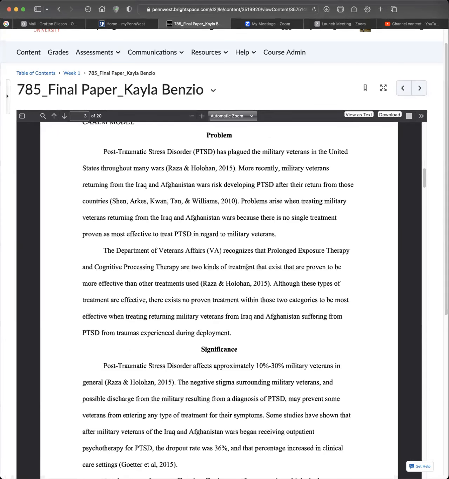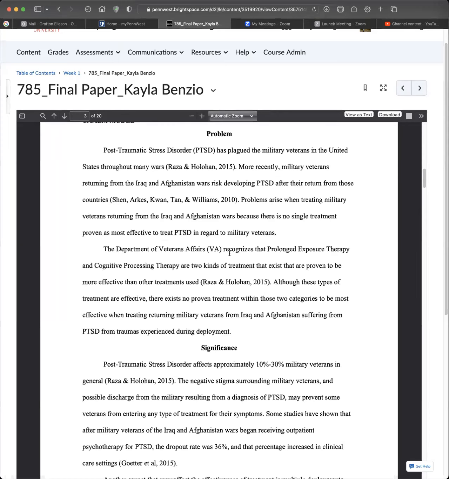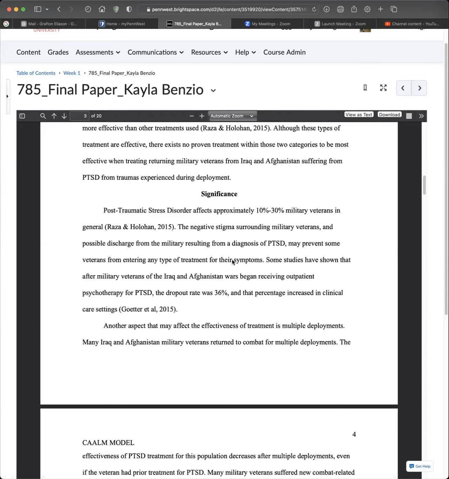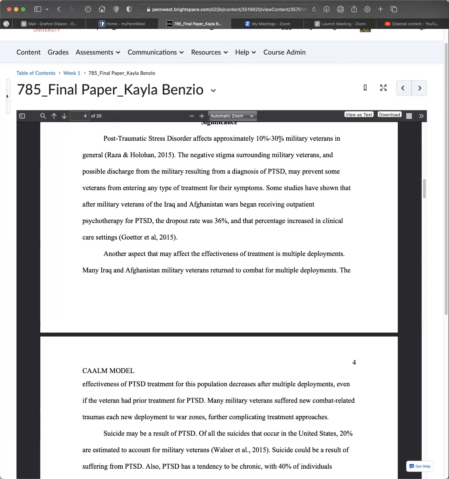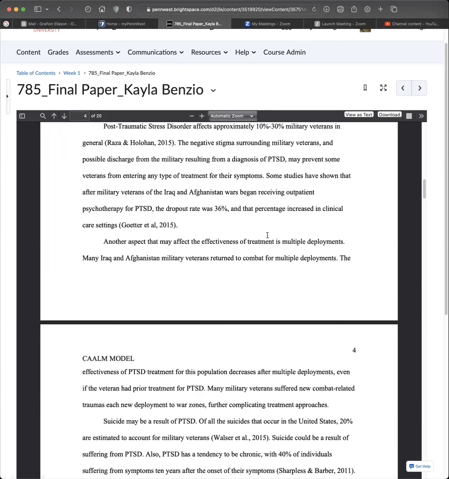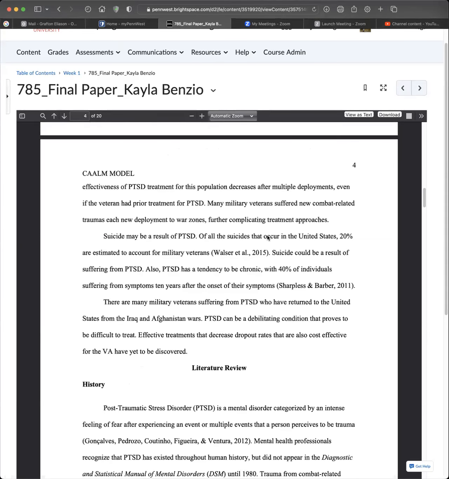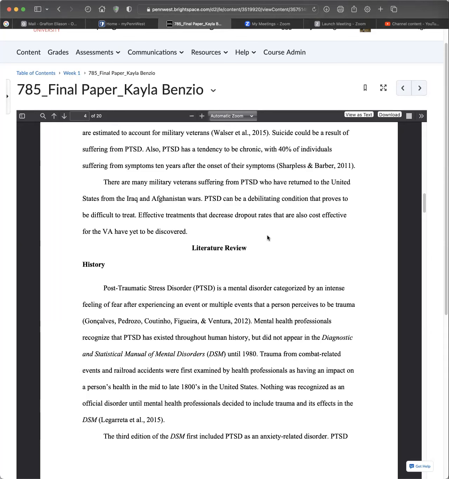All right. So she goes over the problem, the significance. You can see how she uses statistics, where she found it. That's the citation. She has multiple citations. Don't just use one for each section. You should have multiple citations.